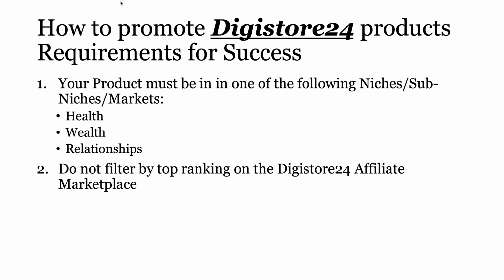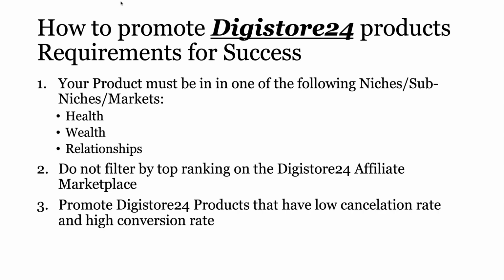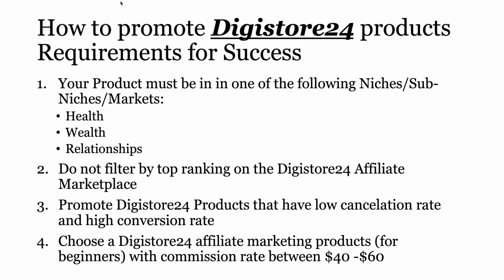Number 2, do not filter by ranking on the Digistore24 affiliate marketplace. Number 3, promote Digistore24 products that have a low cancellation rate and high conversion rate. Number 4, choose Digistore24 affiliate marketing products for beginners with a commission rate between $40 and $60.